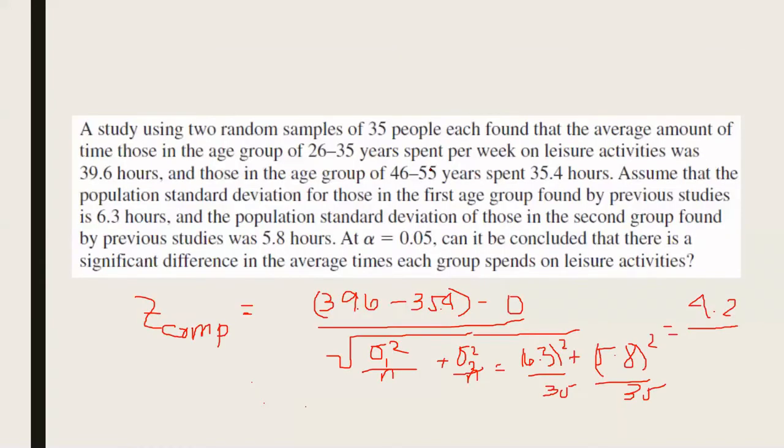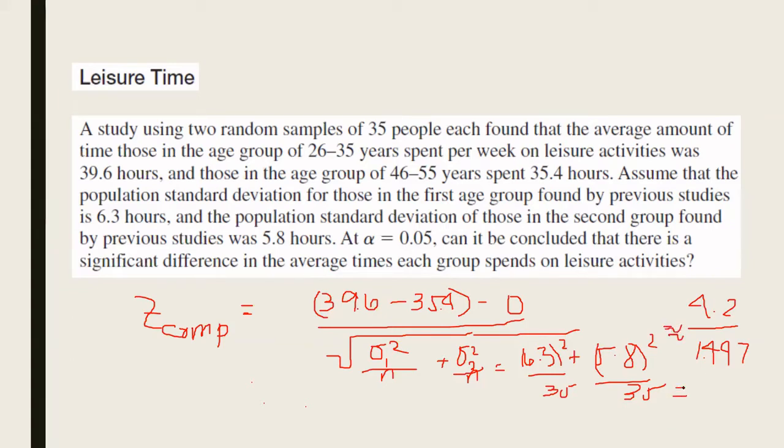Plus 5.8 squared divided by 35. And we get the square root, so we have 1.447, approximately.